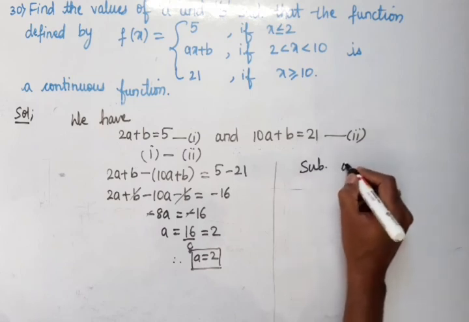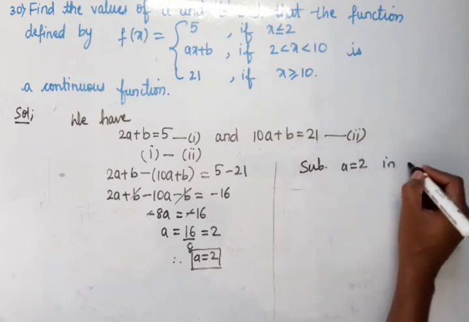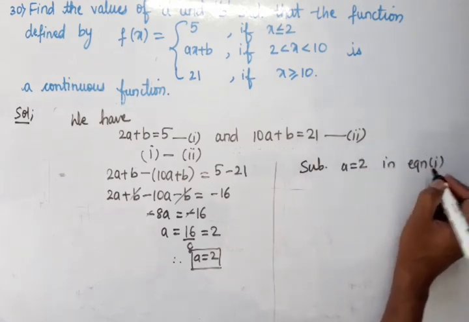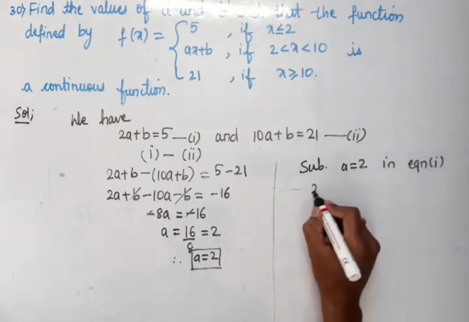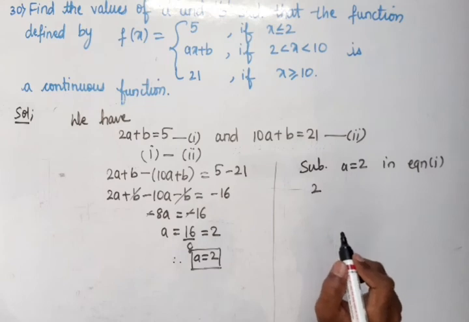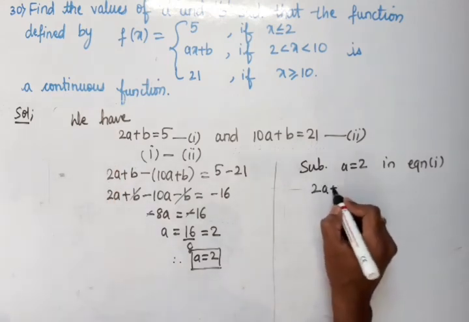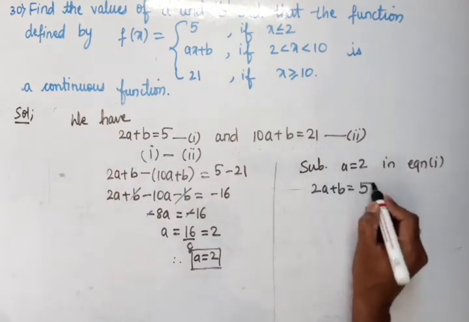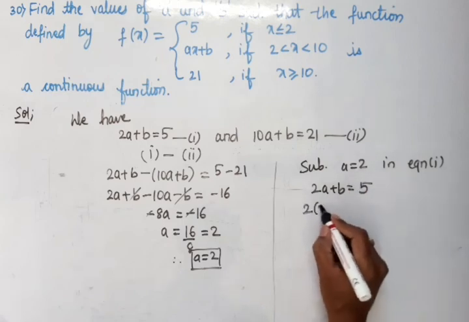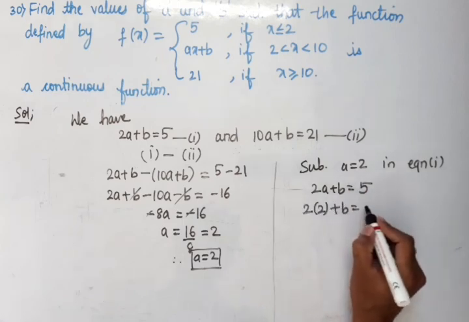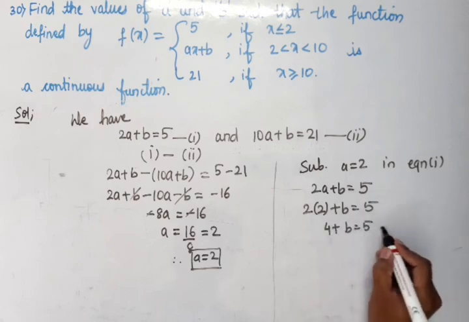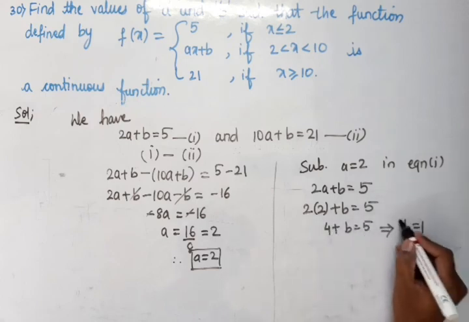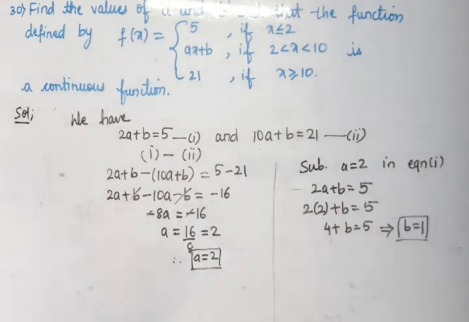Substituting a is equal to 2 in equation 1, you have 2a plus b is equal to 5. The value of a is 2, so 4 plus b is equal to 5, which implies b is equal to 1.